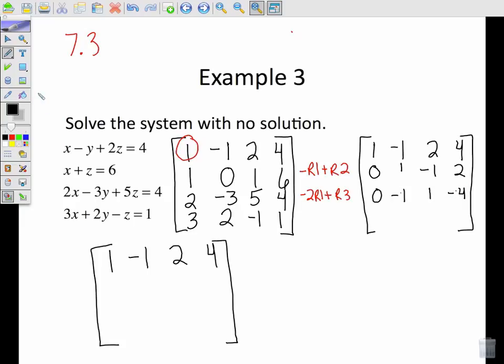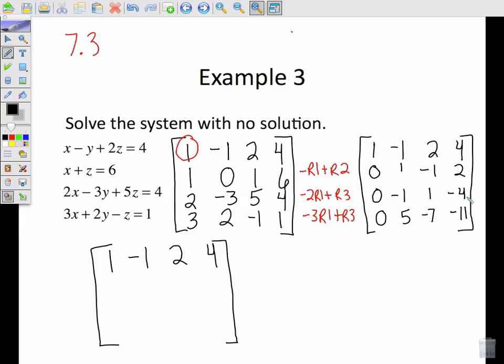All right, now next row, we are going to take negative 3 times row 1 and adding it to row 3, and that's going to replace row 3. Here's what we got. Negative 3 plus 3 is 0. 3 plus 2 is 5. Negative 6 plus negative 1 is negative 7. And negative 12 plus negative 1, or plus positive 1, is negative 11.